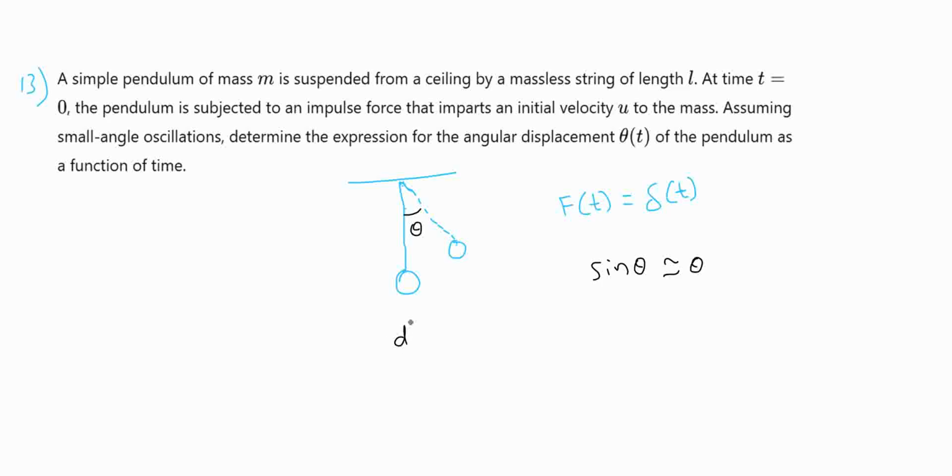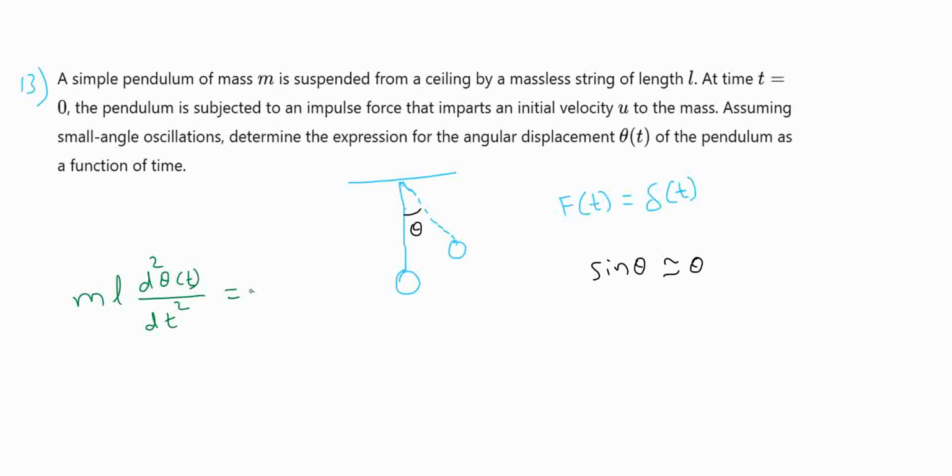So here, m L d square theta of t by dt square. This is the acceleration basically. So mass times acceleration is force. The force has two terms now.